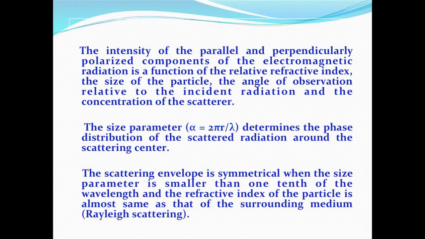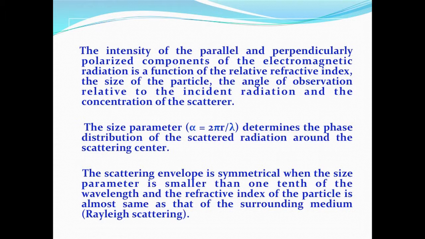Okay. So, the intensity of the parallel and perpendicularly polarized components of the electromagnetic radiation is a basic function of the relative refractive index. This we have seen earlier, but it is also a function of the size of the particle if we are making any turbidimetric measurements. The angle of observation is also important with respect to precipitates, because many of the precipitates are not in the form of spherical shape.